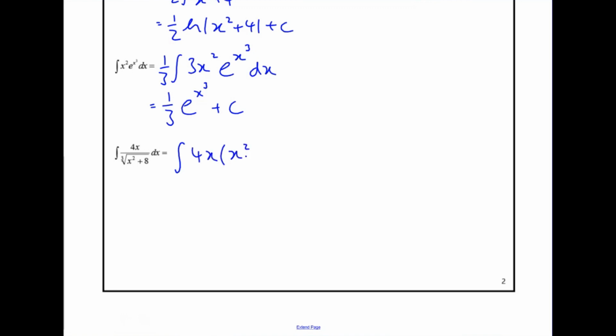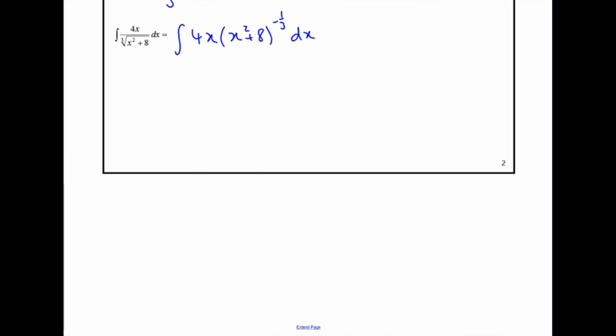Finally, this one, before I integrate it, I'm going to rewrite this bracket. I'm going to rewrite the cube root of x squared plus 8 on the bottom as x squared plus 8 to the minus a third. What I noticed about this one is that if I differentiate the inside, I get 2x. So that would come out from the chain rule when I differentiate the original function. So I can just factorize that 2 out to make it 2x at the front.